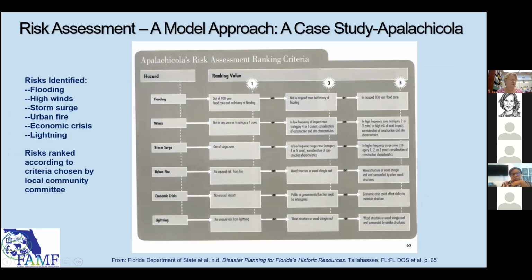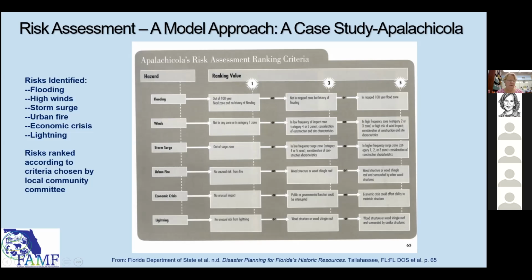In 2004, historic preservationists, the business community, and local government leaders in Apalachicola joined forces to conduct an initial risk assessment of the historic resources in the town and develop an integrated action plan for community-wide emergency planning. The committee identified these risks that would have the greatest impact on historic structures and other cultural resources.